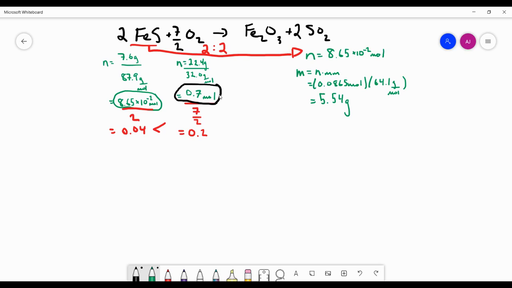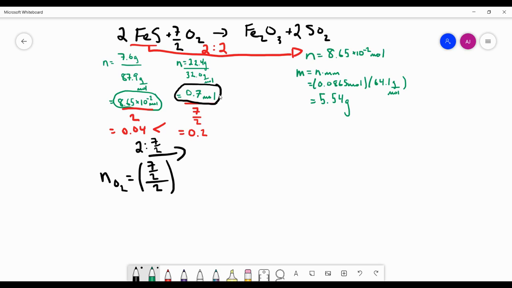So what we're going to do right now is use the ratio between iron(II) sulfide and oxygen to determine the amount of oxygen that actually reacted. So between oxygen and iron(II) sulfide, there's a 2 to 7/2 ratio. So the moles of oxygen reacted is equal to 7 over 2 divided by 2.